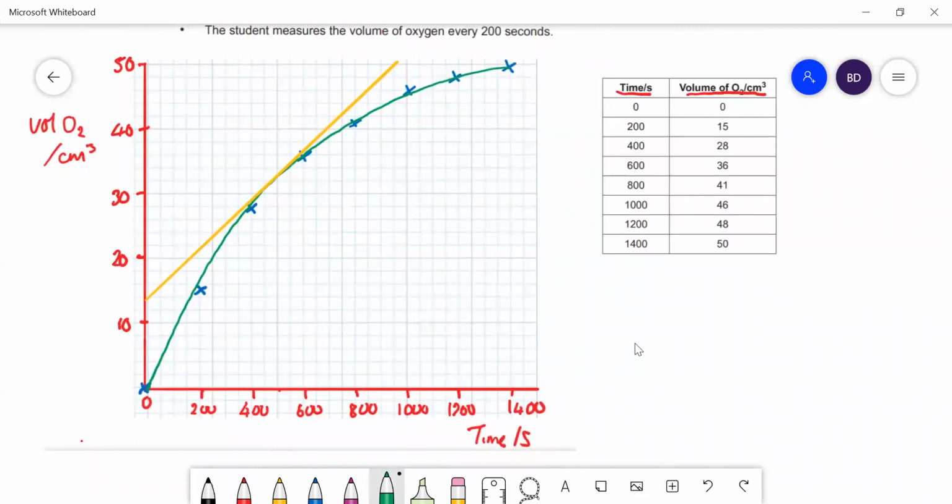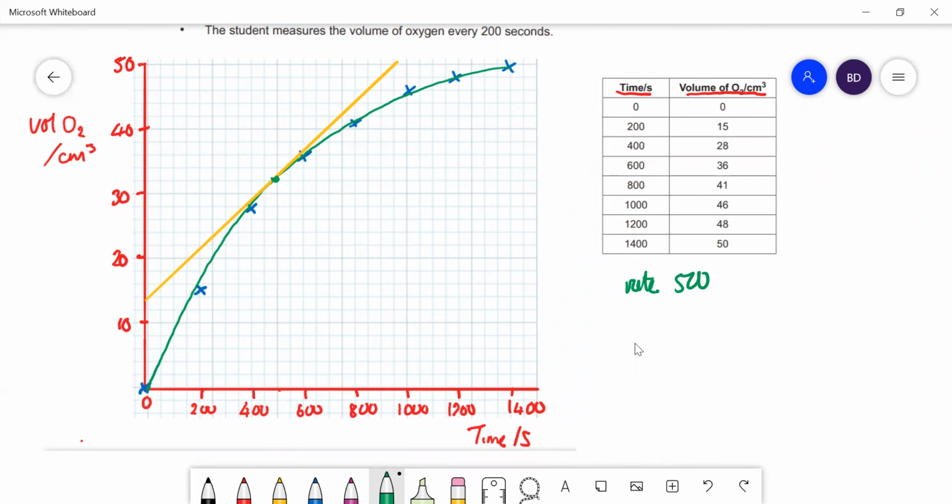The gradient gets less, the reaction is slowing down because the concentration of the hydrogen peroxide decreases. And we've got to find the rate at 500 seconds, it says. So what we need to do is draw a tangent to the line at 500, which is there. So that yellow line is the tangent I've drawn. And now we need to find the gradient of that tangent.